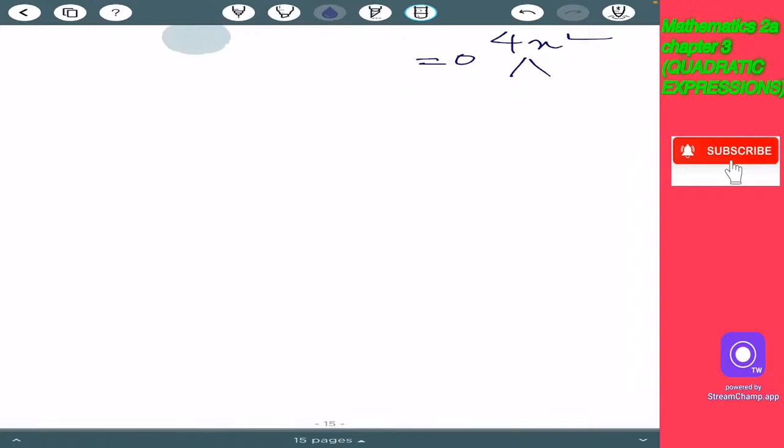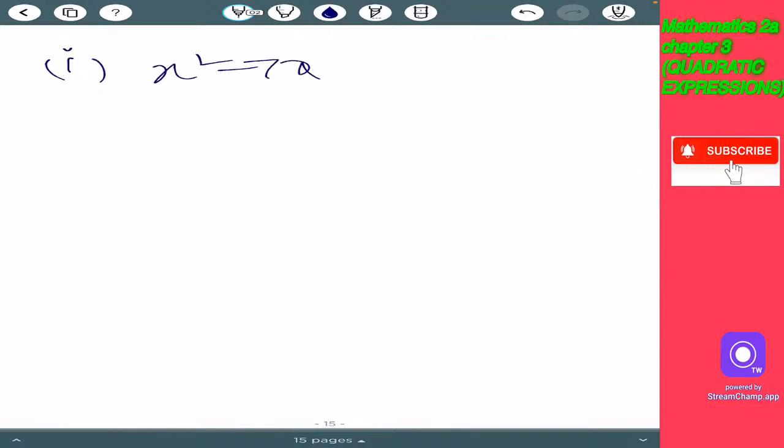Wait a bit. We'll not go for this. We'll go for your earlier one, that is the first one, x square minus 7x plus 12 is equal to 0. So just multiply first with last, you'll get 12x square.